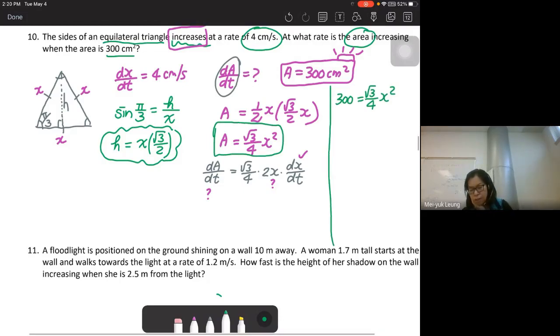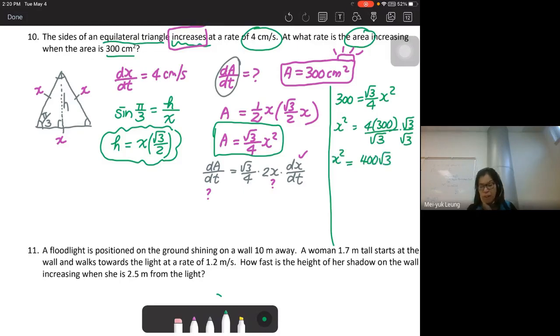So now we have x squared equals 4 times 300 divided by the square root of 3. Okay, so when I rationalize it, then you can easily simplify it: the 3 in the denominator cancels with the 300. So we have 400 square root 3. That is the x squared.